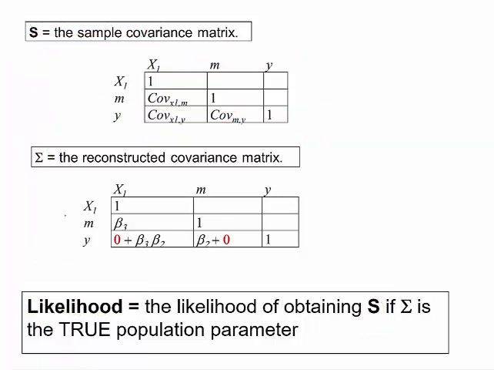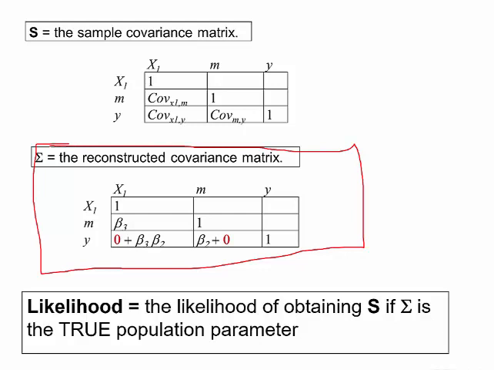In other words, if I assume that in the population, if I were to sample everybody in the world, sigma is what the true population parameters are. If this is really what the covariance between x1 and m is, if this really is the product of beta 3 times beta 2, and whatever covariance I get for the covariance between m and y, if that really is the true covariance in the population.